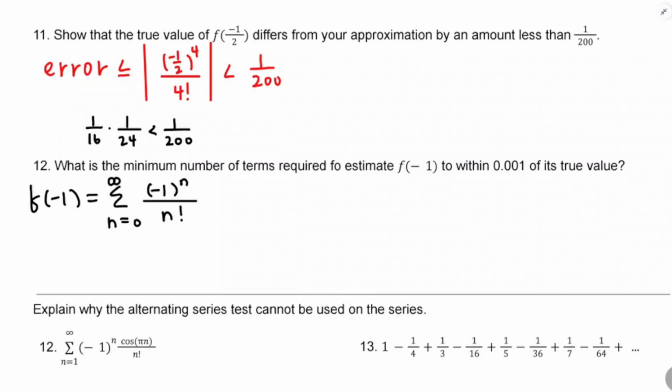All right, and then this backwards kind of question here. How many terms within 0.001 of its true value? To estimate. Okay, this is the rough draft of the homework. Within 0.001. I'm going to need to write out some terms, or do I?